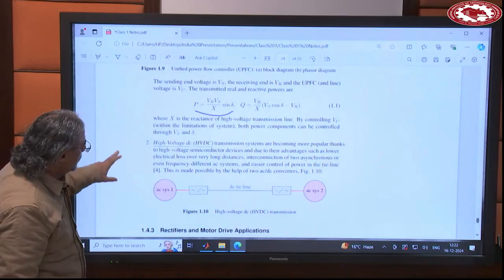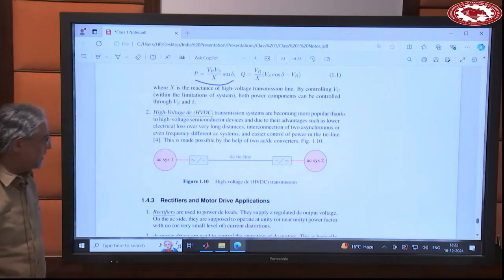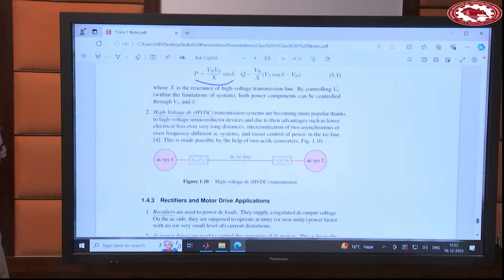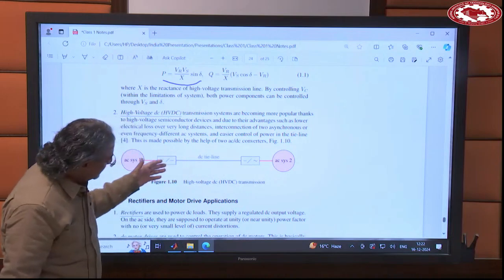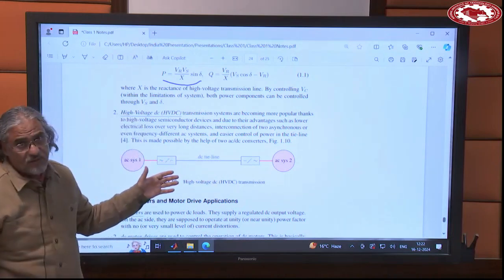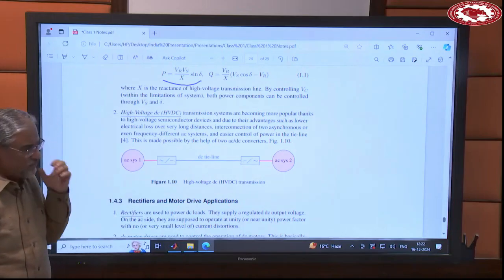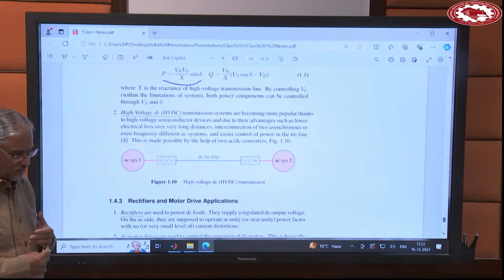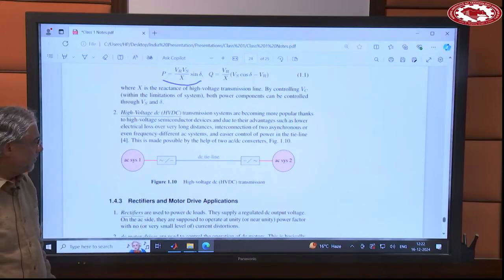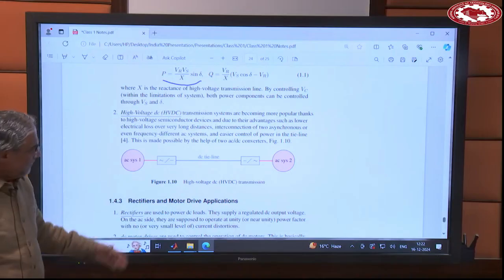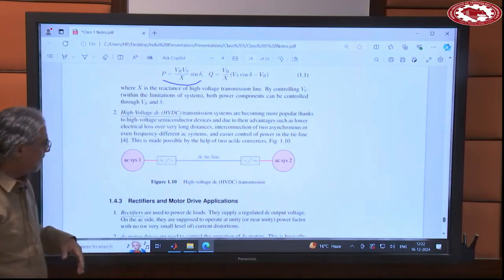HVDC systems, high voltage DC transmission systems. With the advancements of power electronics, now we are looking at large transmission lines which are DC, not AC, because we have a lot of challenges with AC transmission. First of all, we talked about power losses, which will still be here, even though less compared to AC. But if it's DC, we don't have reactive power in the DC system.